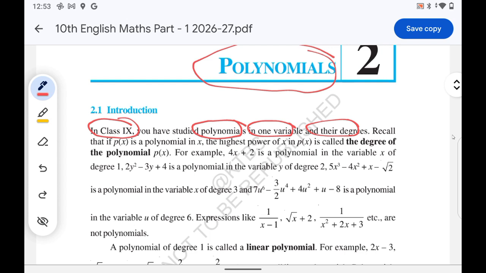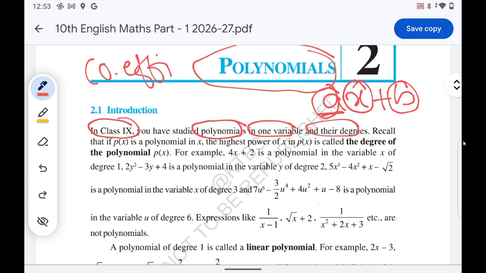So general form of polynomial in one variable we write like this: ax plus b is a polynomial. So here x is a variable, and a and b are constants, and a is also known as the coefficient of x.